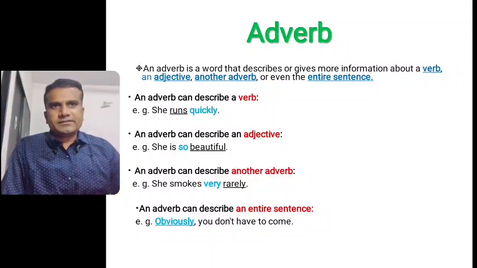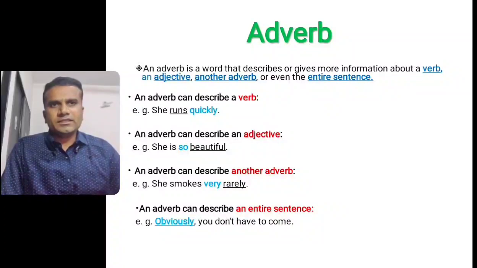In the next sentence, you will see that beautiful is an adjective and so is an adverb. In the sentence, she is so beautiful, so that is an adverb gives more information about beautiful, that is an adjective.